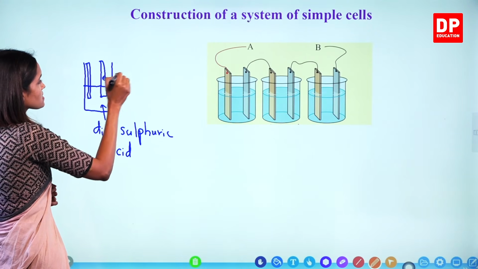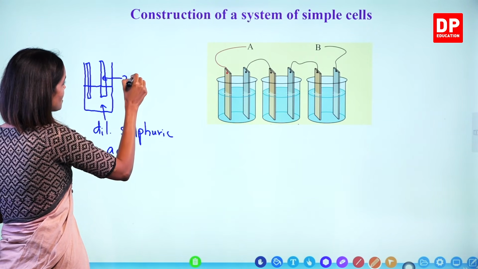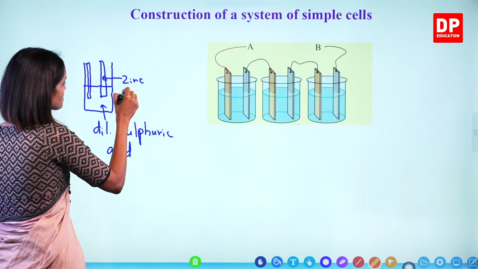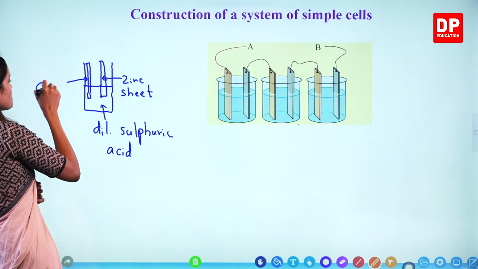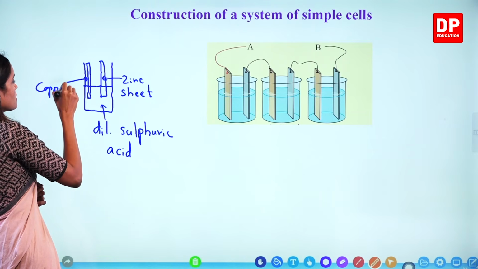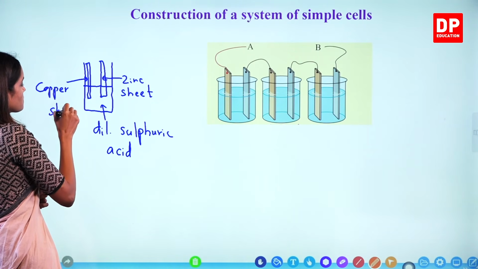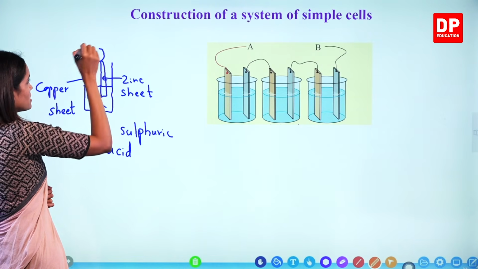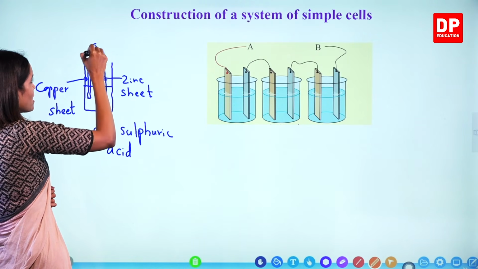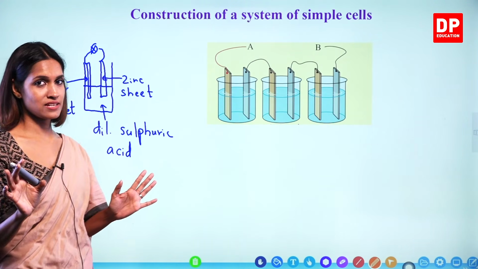What are the plates? Zinc sheet and copper sheet. So in between these pieces of wire, you can connect a bulb or ammeter, likewise.